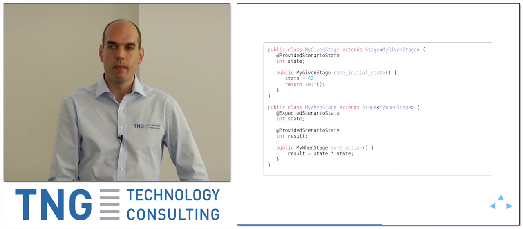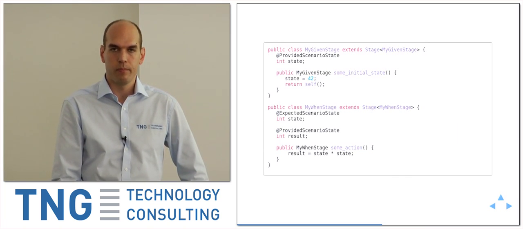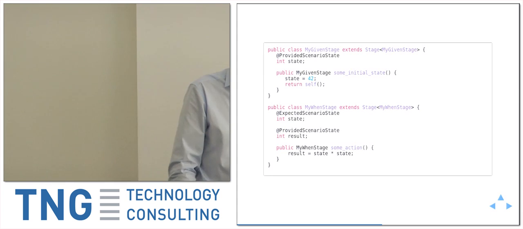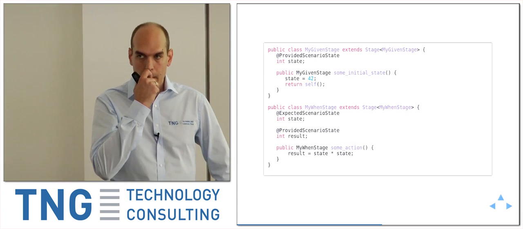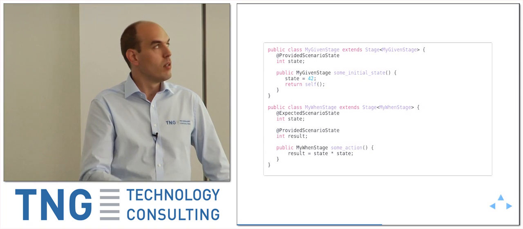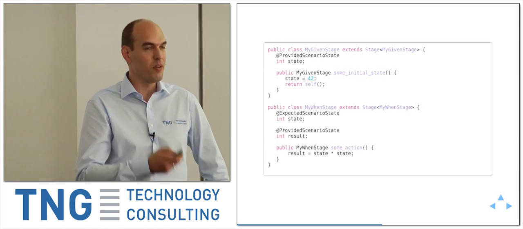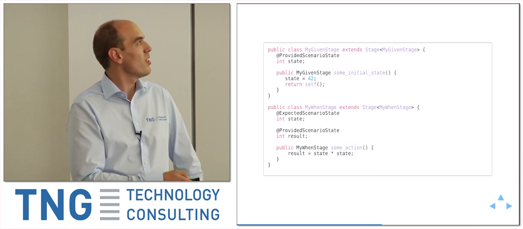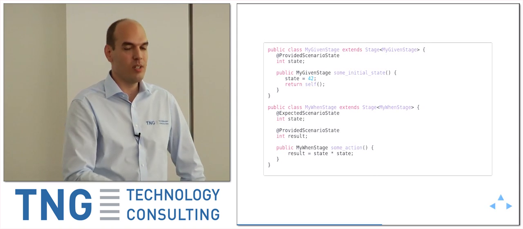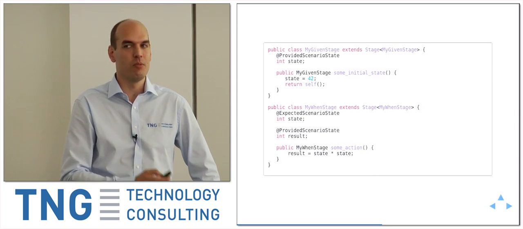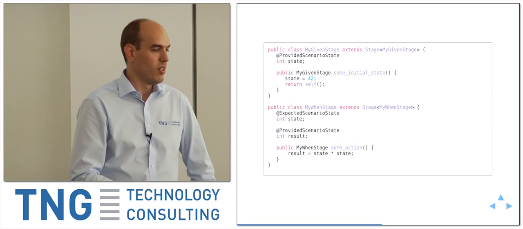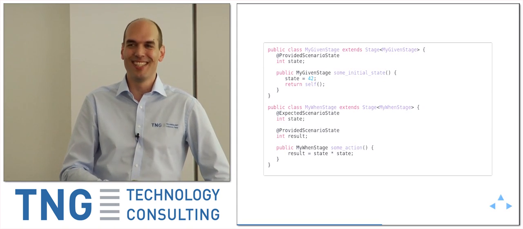Can you also specify that you want to use a different name? So for example, you have a given stage where it's one name and a when stage where it's another name, and you want to match them somehow. Is it possible? Okay, the question was, because for the video I have to repeat the question, whether I can define another name. No, that's not possible at the moment, but nothing prevents you from writing it.